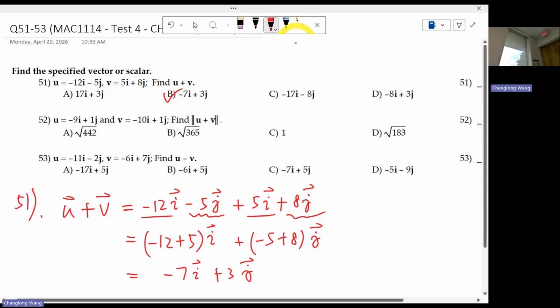So now what about 53? Go ahead. Now, the reason you are getting negative 17 or 17 is you were subtracting the two vectors, but you're adding them.